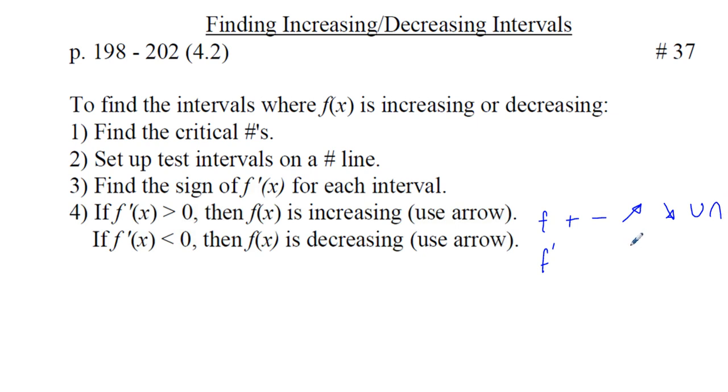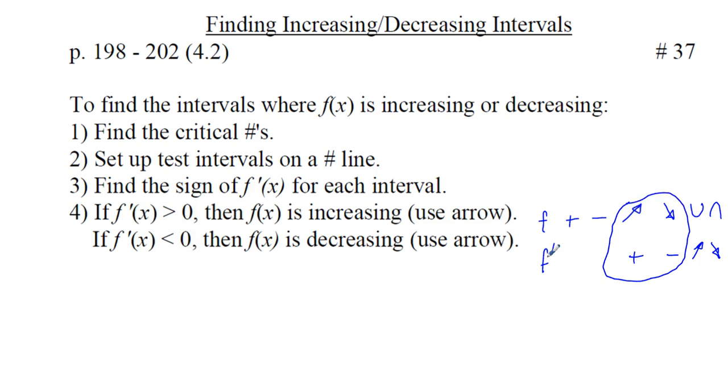And then below, on the f prime row, we put plus, minus, and then increasing, decreasing. So what this tells us, our analysis piece is going to center on this part of this analysis chart.